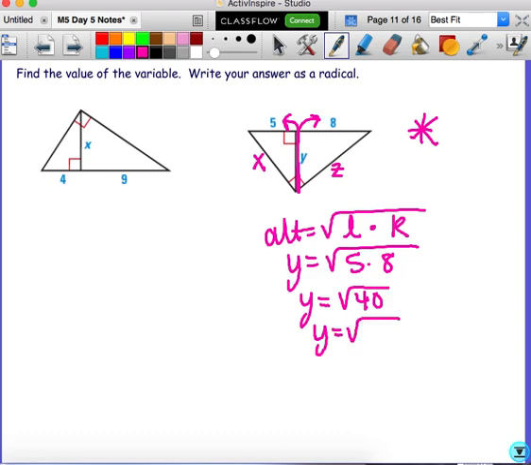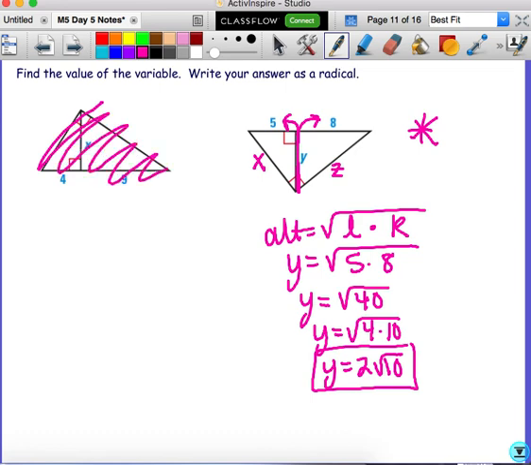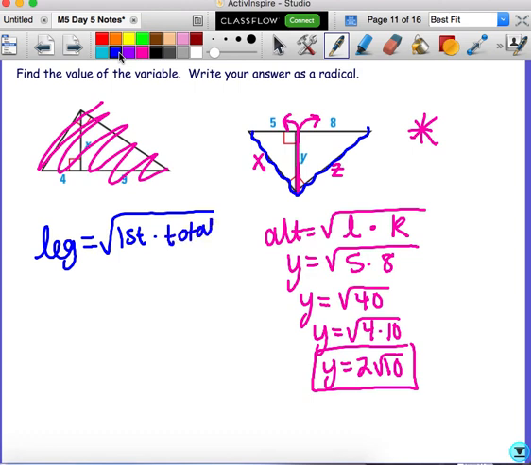40 is divisible by 4 10 times. Square root of 4 is 2. So y is 2 square roots of 10. And again, we're going to ignore this guy. We're only looking at the one on the right. So I'm going to use my space here. My two legs are x and z. So the leg should equal the square root of the first number you hit as you round the corner to the hypotenuse times the total of the hypotenuse.